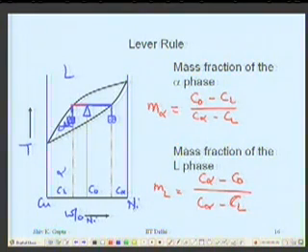That's what we call the lever rule. And this can always be worked out. Now I shall answer your question. What is the amount of solid when I am at the liquidus here? The fulcrum is right at the CL.